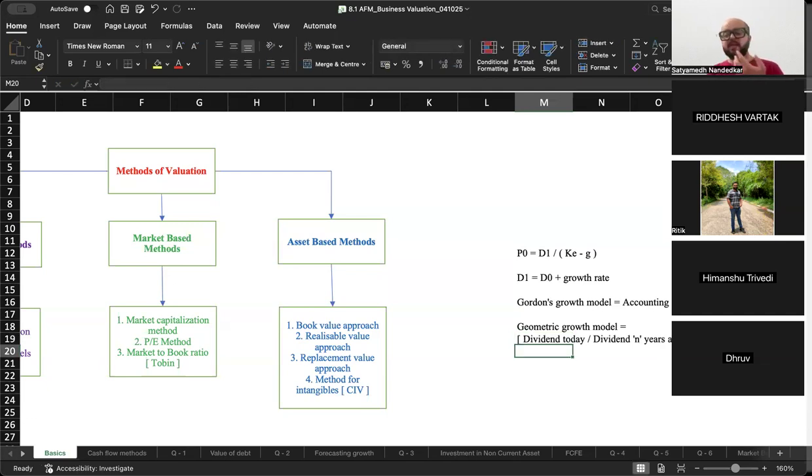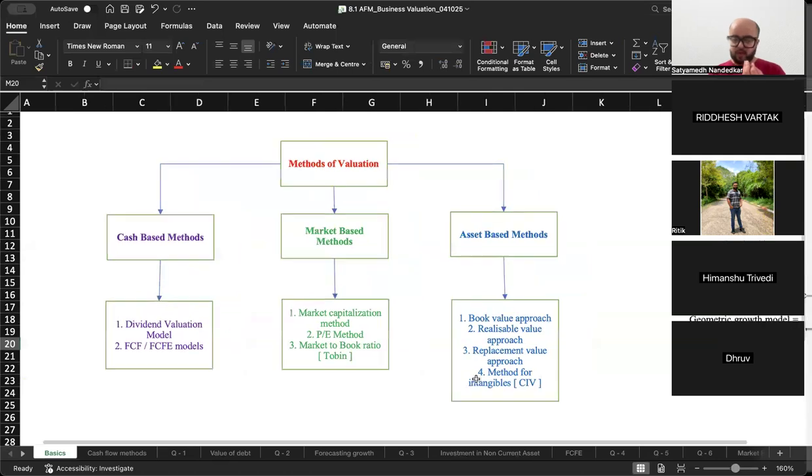And of course, n is the number of years ago that the dividend was paid, which is used to calculate the dividend growth. Now, this geometric growth model can be applied to other scenarios also, but here we are using it to calculate the growth rate in the price of a share, which ultimately we are using for prediction of the next expected dividend. And then, of course, that is used for the share valuation.